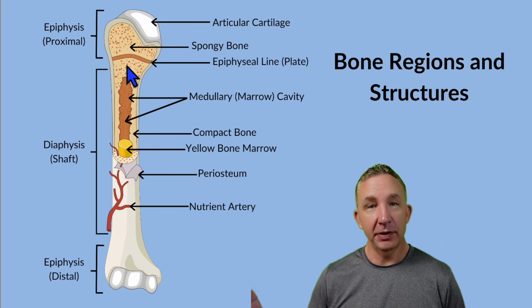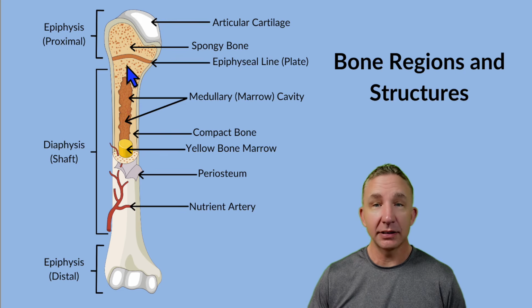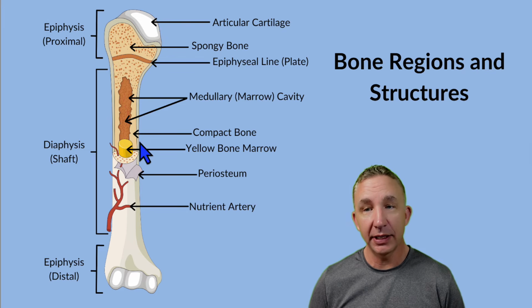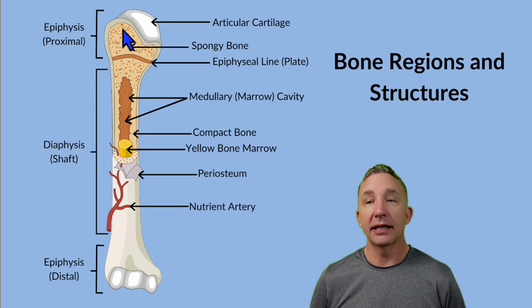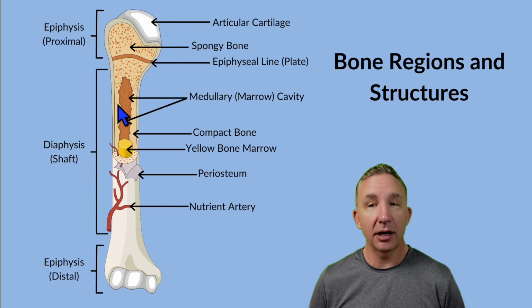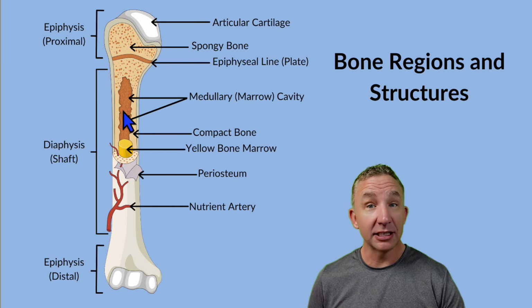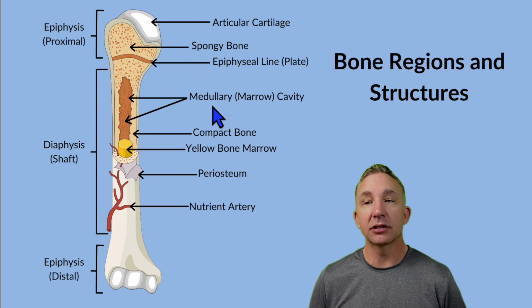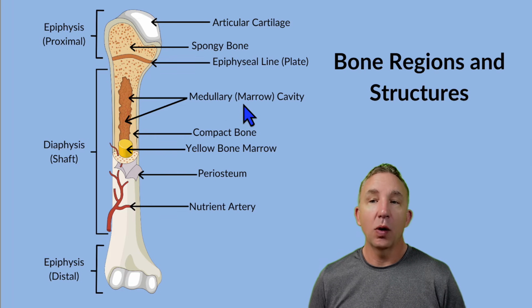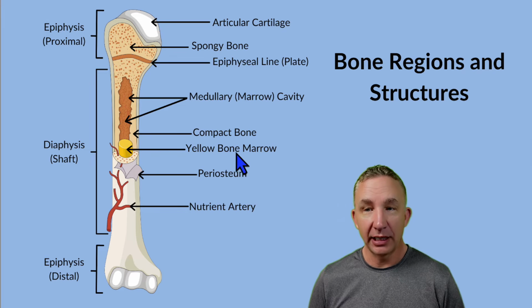So I have three regions: epiphysis, diaphysis, and metaphysis. And then we talk about two layers that help create it, periosteum on the outside, endosteum on the inside. And then I have spongy bone and compact bone, two types of tissue. We see blood inside the spongy bone. Within this space of the diaphysis, it's called the medullary cavity or the marrow cavity, and that marrow cavity is our yellow bone marrow.